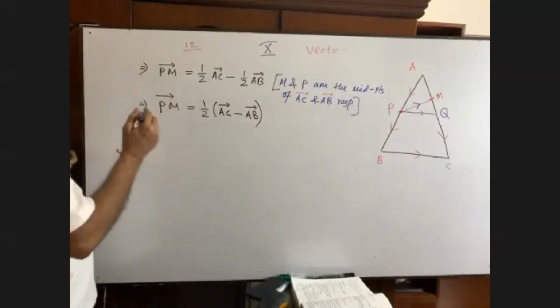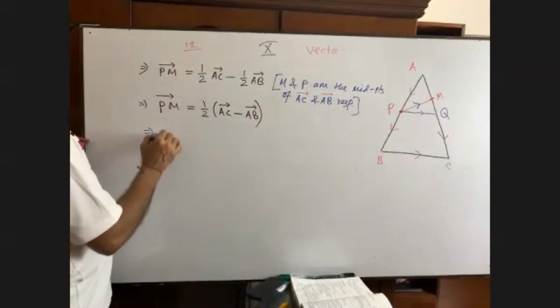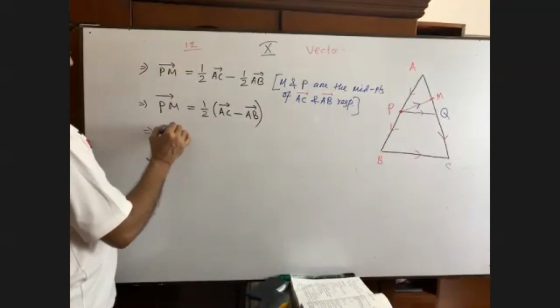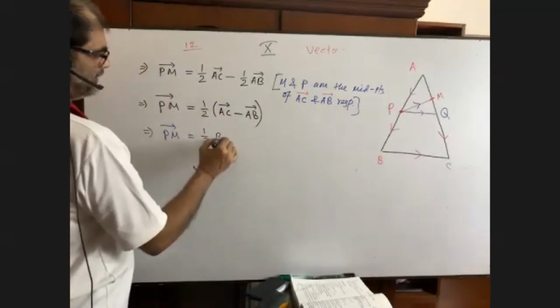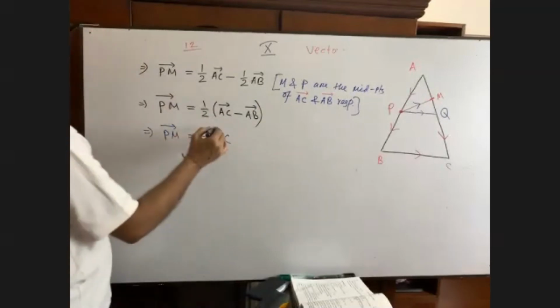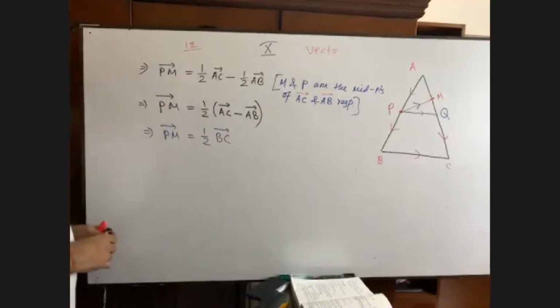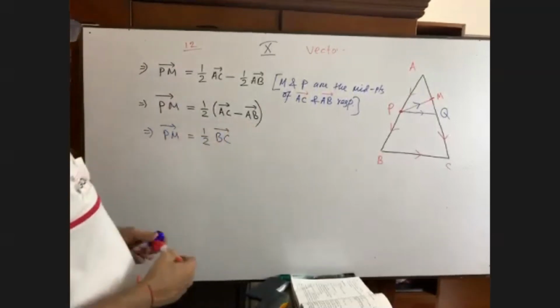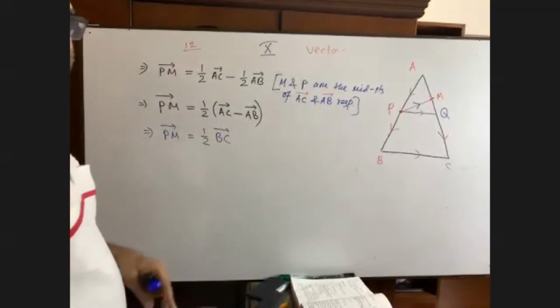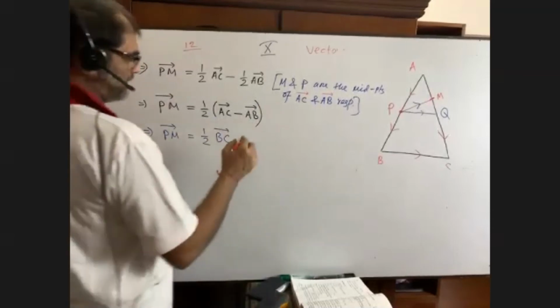What was written there? BC equals AC minus AB. So that I can write here. AC minus AB equals BC. It was given in equation 1. Write down from 1.